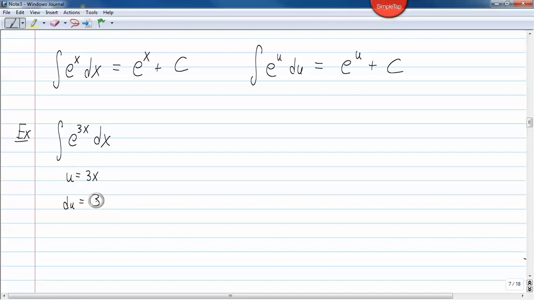To adjust for the 3, we bring out a 1/3. So we have 1/3 times the integral of e to the u du, or 1/3 times e to the u plus c. And what was u? 3x. So that's 1/3 e to the 3x plus c.